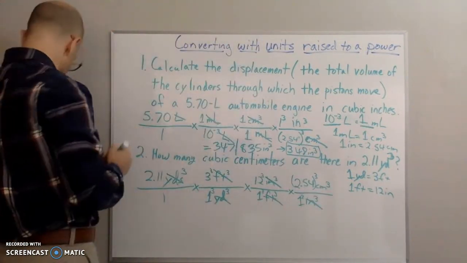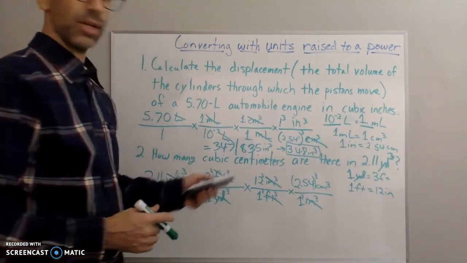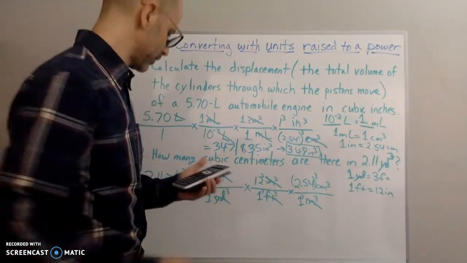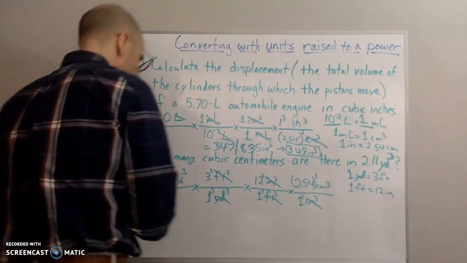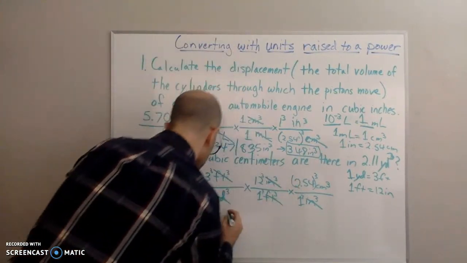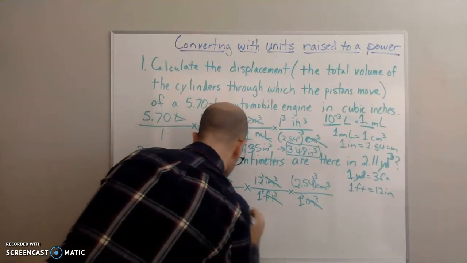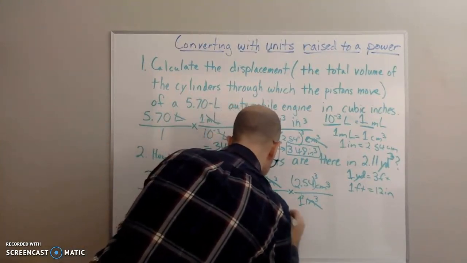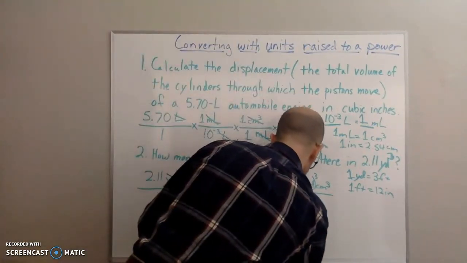Now I have my centimeters cubed, and this is going to be a large number. Okay, so let me write this down. The answer here is going to be 1613210.75 centimeters cubed.